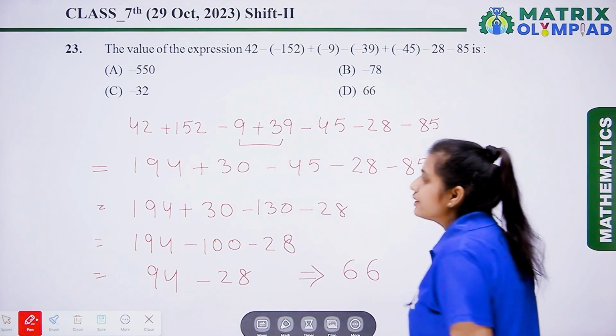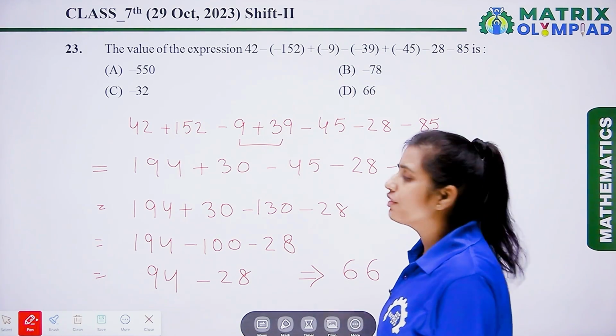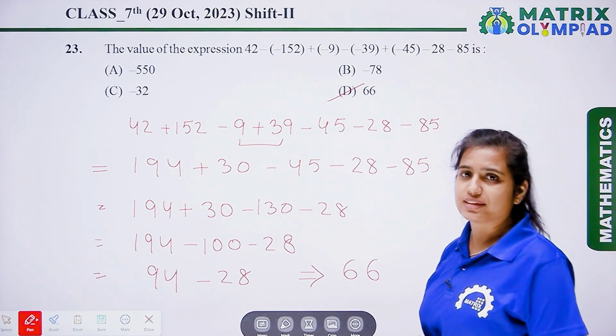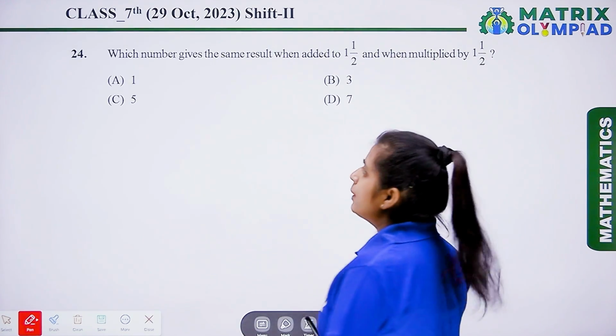So here the answer is 66 after solving the expression. So option D is the correct answer. Now the next question is question number 24.